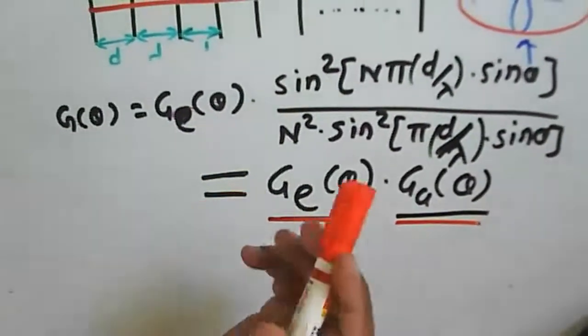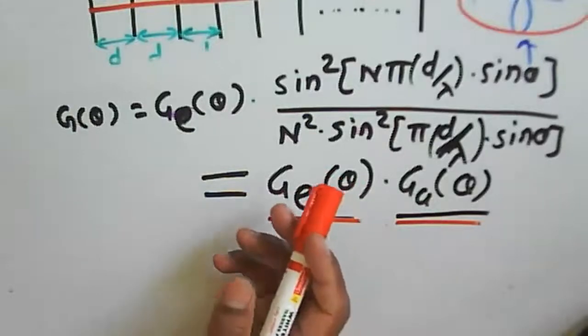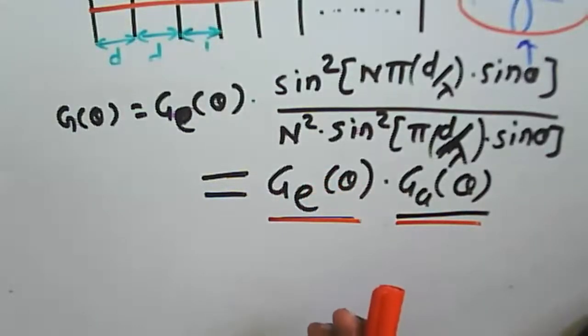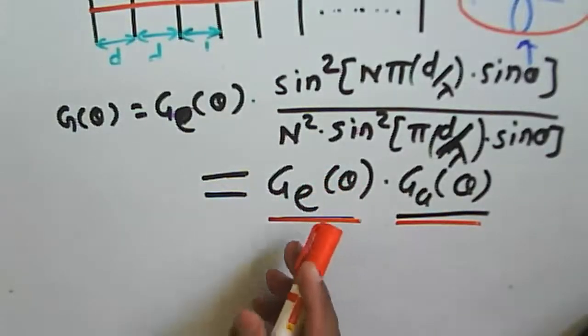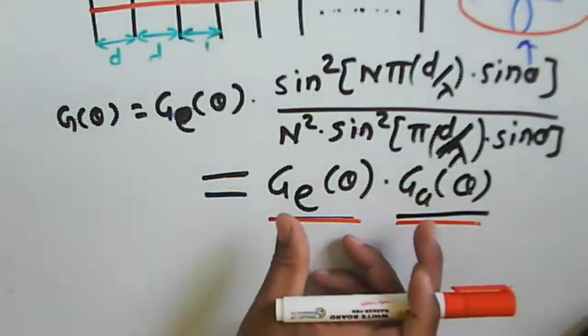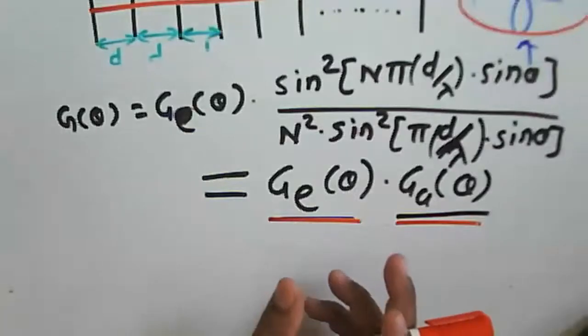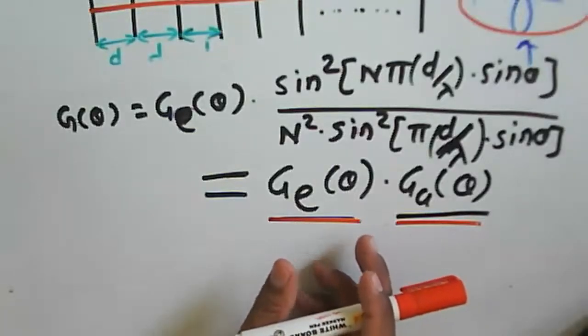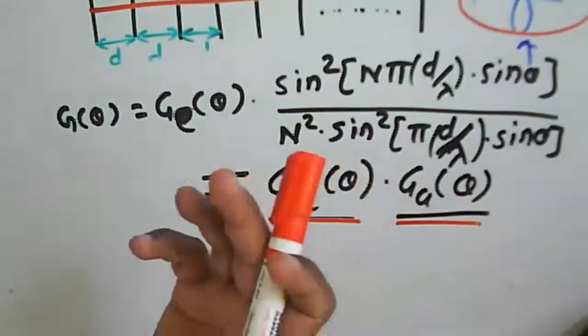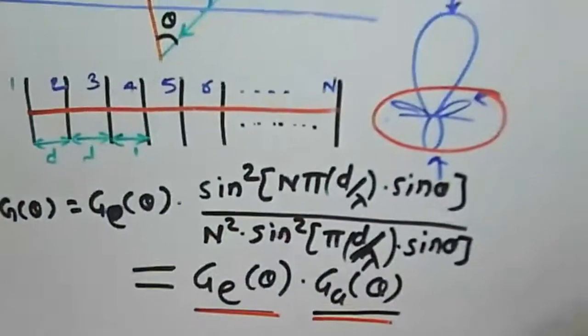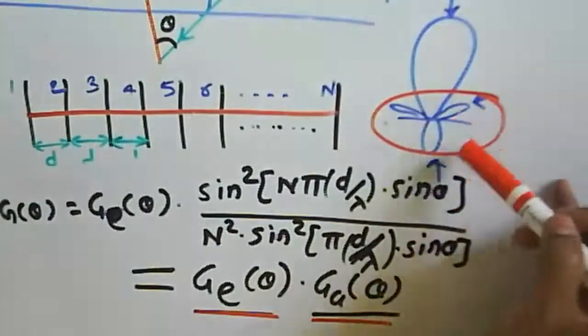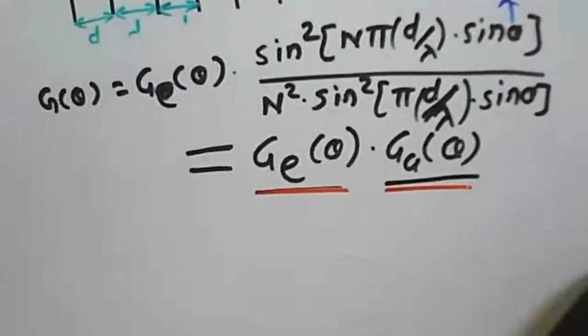If the element spacing is not equal to lambda by 2, generally we say the element spacing is to be lambda by 2. If it is not lambda by 2, then grating lobes occur. Grating lobes are side lobes, or we can say back lobes.